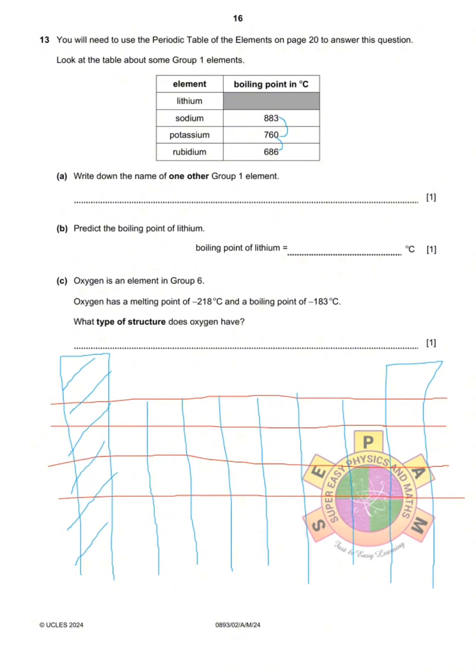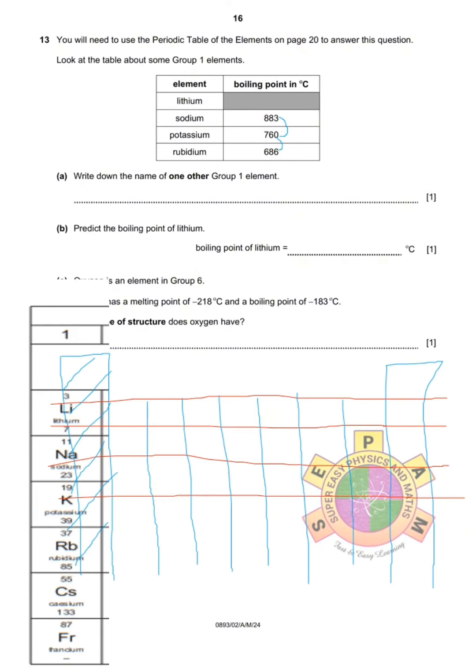So these ones are called the groups. So this is the group 1 element. So on your periodic table, you see, you have the group 1: lithium, sodium, potassium, rubidium, caesium, and francium.